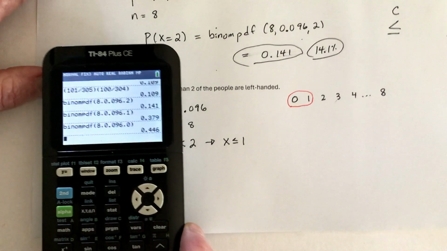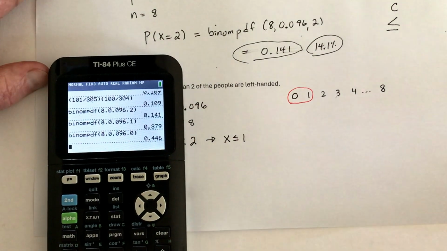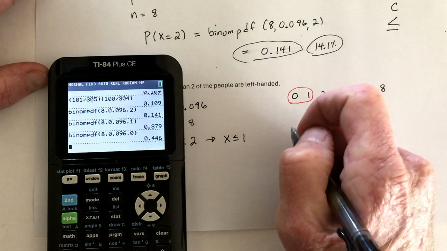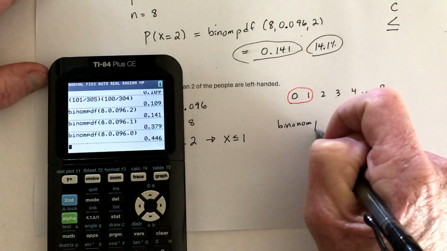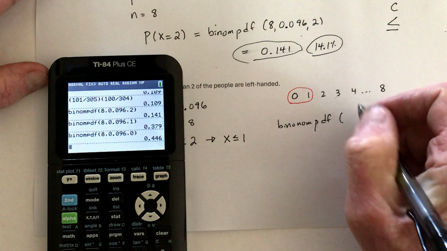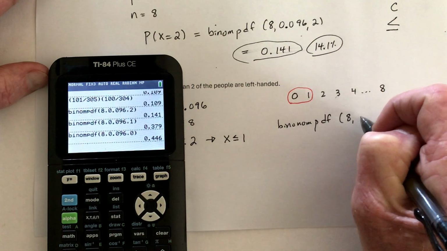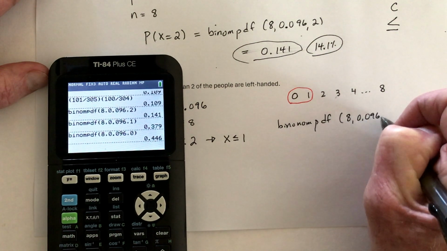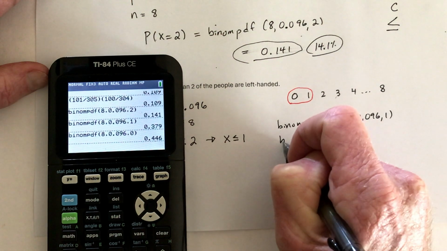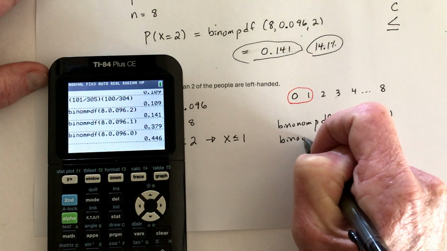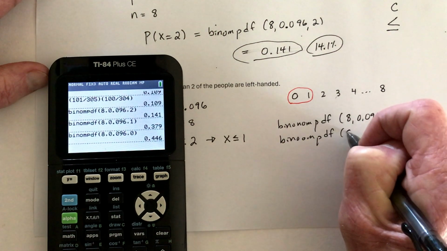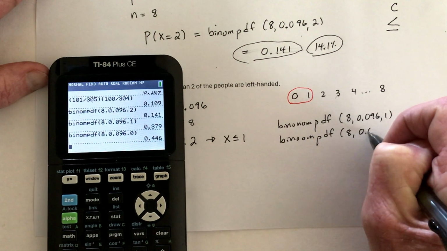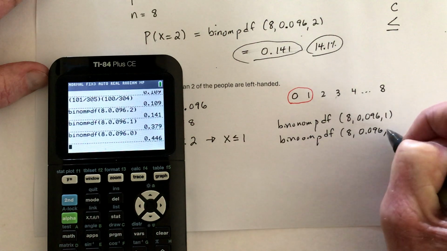I need to switch over to show my work. I have the binomial PDF with an 8, a 0.096, and a 1. Let me copy and paste this on the paper the old-fashioned way, and then make this a 0.